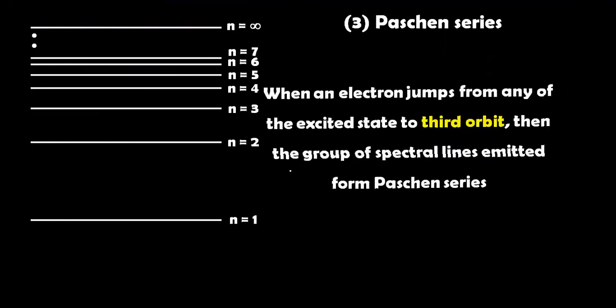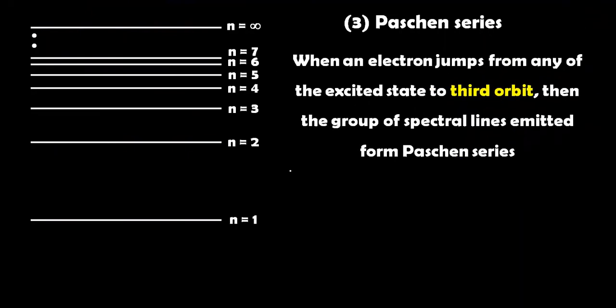Now, we shall go into the next one, Paschen series. When an electron jumps from any of the excited states to the third orbit. For Lyman series, the electron has to jump to the first from any of the excited states. For Balmer series, the electron has to jump from any of the excited states to the second orbit.